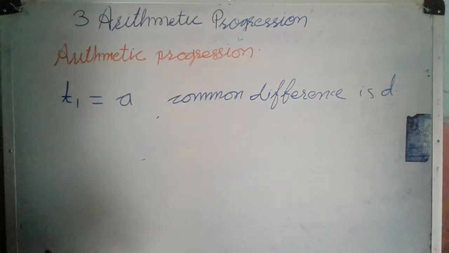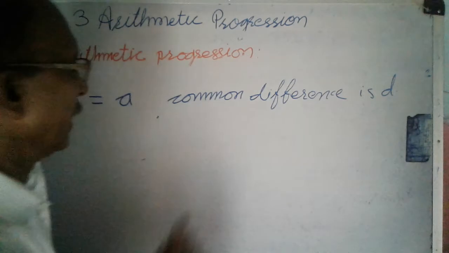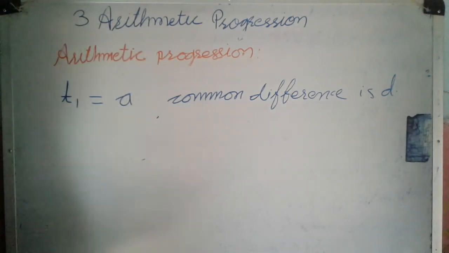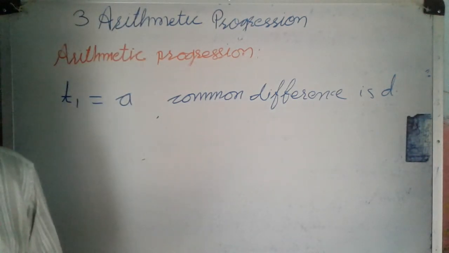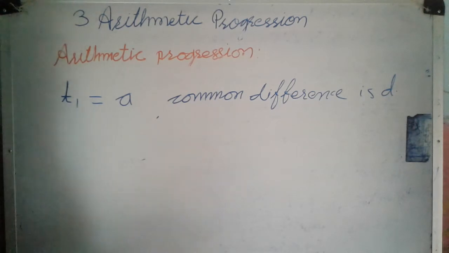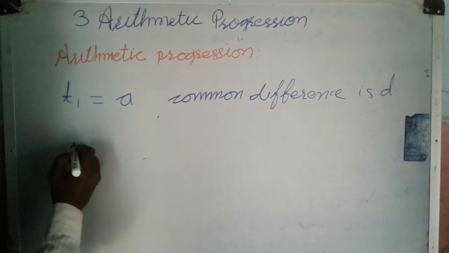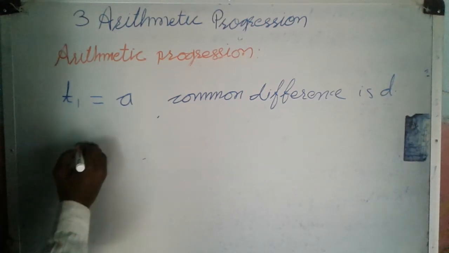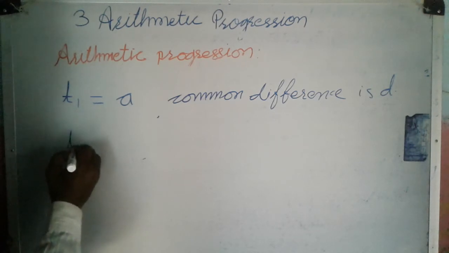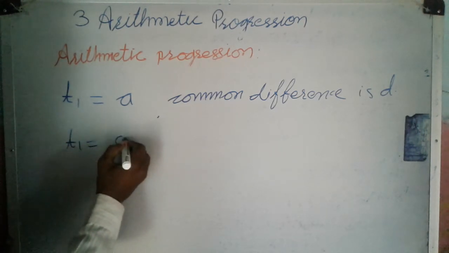And if we know the first term and common difference, then we can write that arithmetic progression. That means the first term is a, T1 is equal to a.